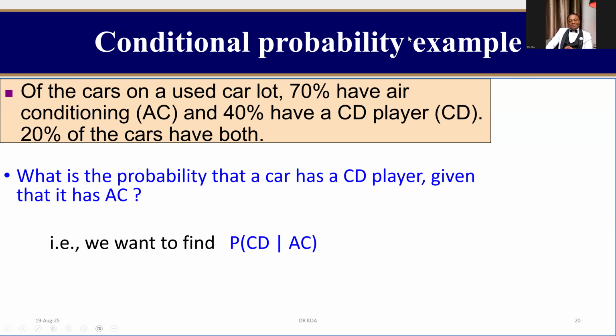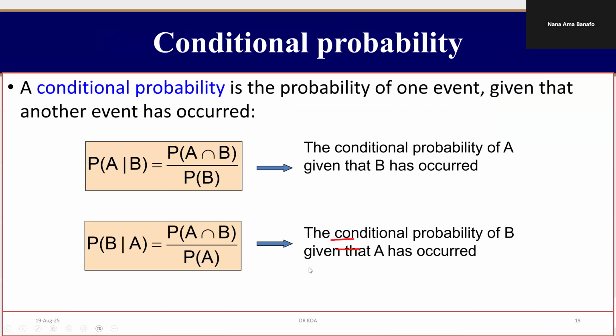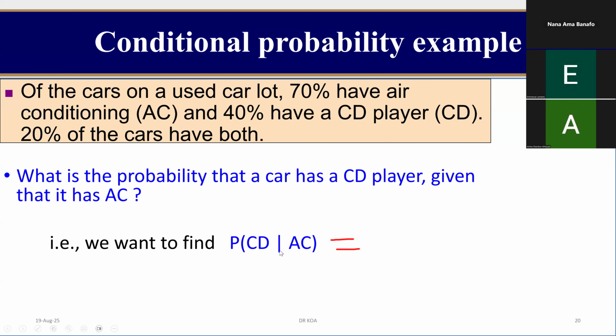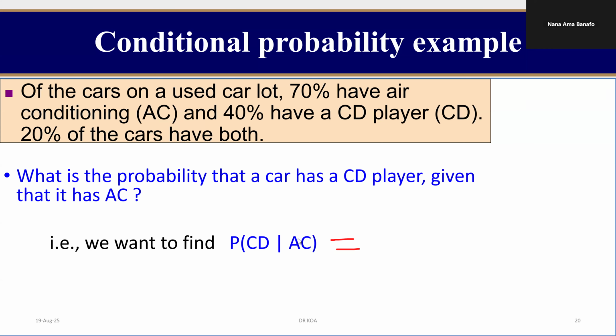This will be equal to what? Who can tell me? Given what we said before for the previous one, how will it look? So the probability of CD given AC will be equal to probability of what? Should I go back so that you see how it was here? Manama. So it will be P, open bracket, CD intersection AC, close bracket, all over probability of AC.